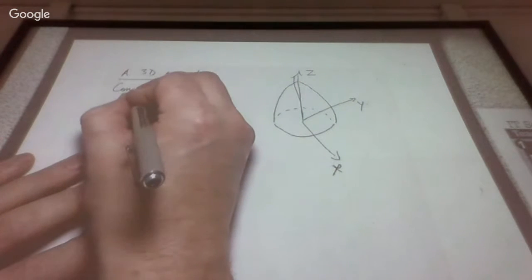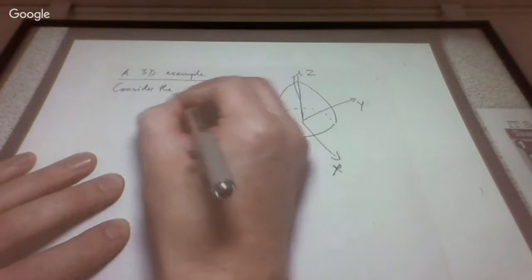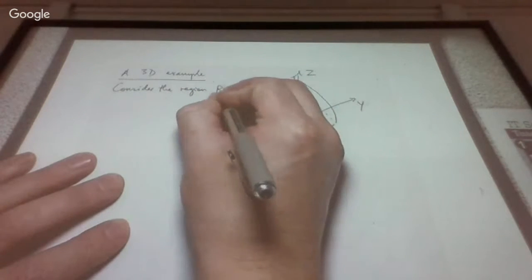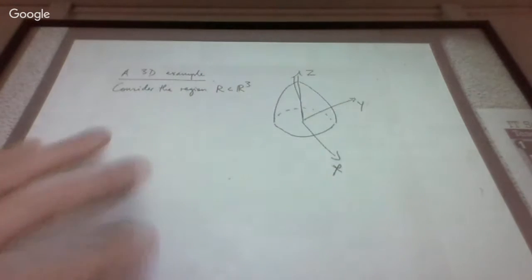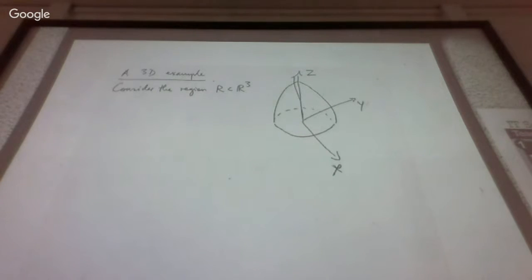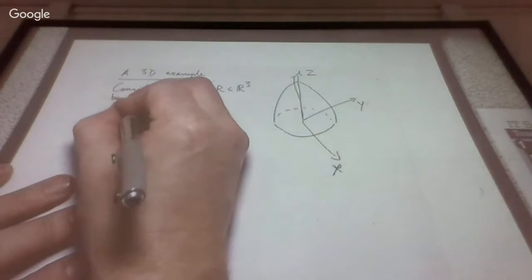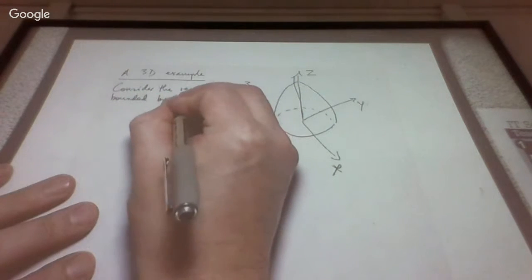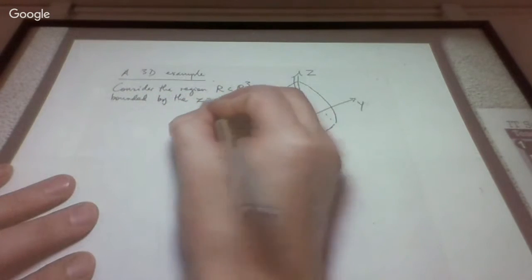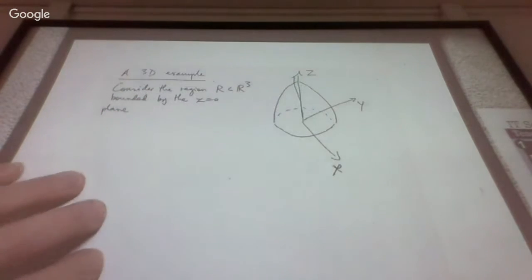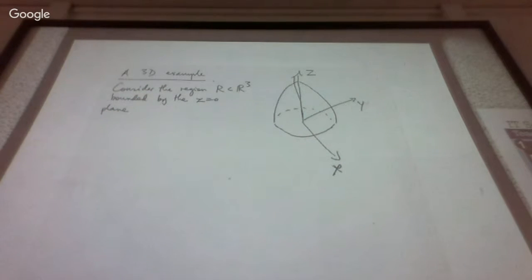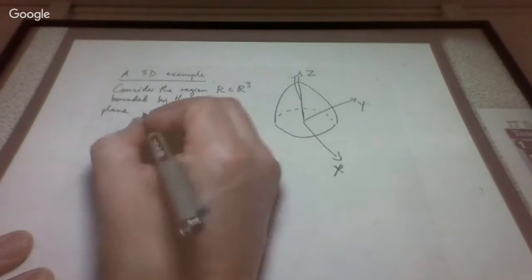We'll consider the region R, using region in a general sense, so this is a three-dimensional region, and this is bounded by the z equals 0 plane. So the z equals 0 plane is the xy ground plane, if you like, the x and y coordinates spanning the ground, z being the vertical axis coming up off the ground. So this bell-shaped volume is resting on the ground. The ground is the bottom surface of it.